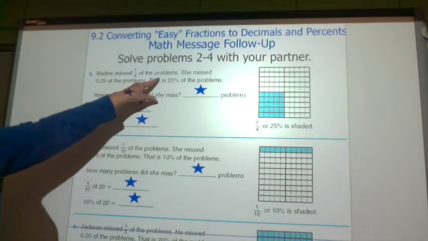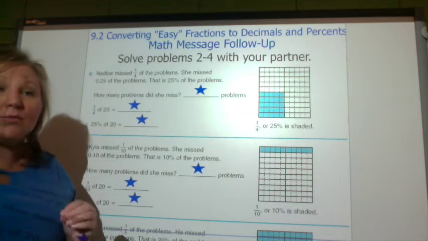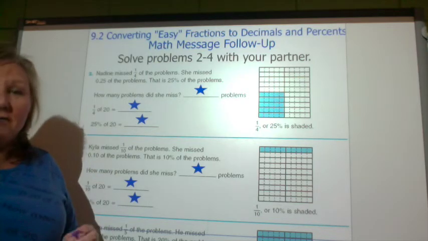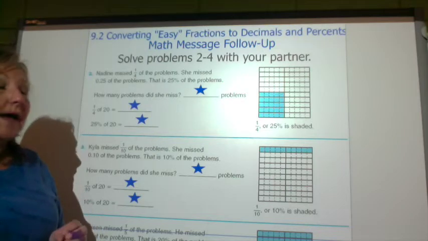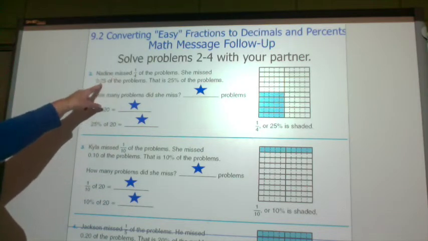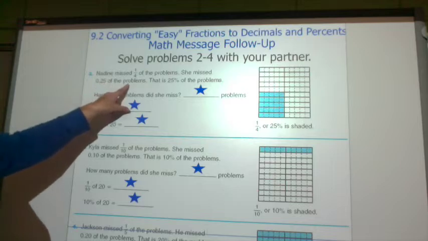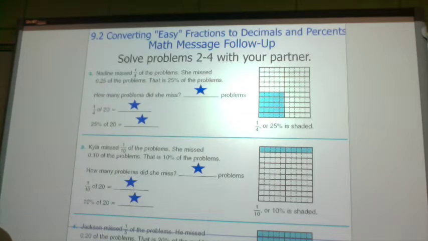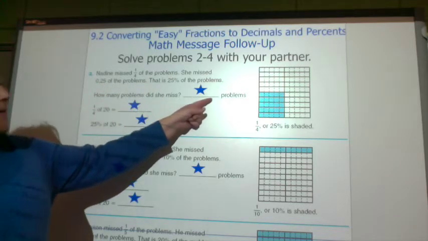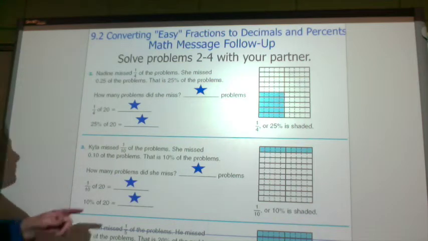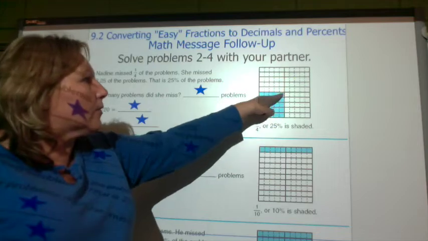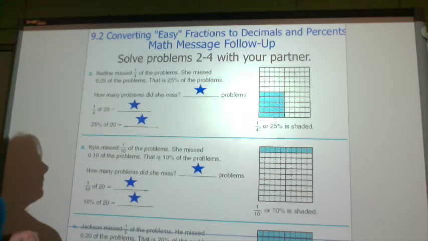Nadine missed 1/4 of the problems. Oh boy, when I see 1/4, I always think of quarters. 1/4, 0.25. She missed 0.25 or 0 and 25 hundredths of the problems. That is 25% of the problems. How many problems did she miss? If we divided this into 4 parts, which they've already done right here, 1/4 is 25 parts, or 25%.